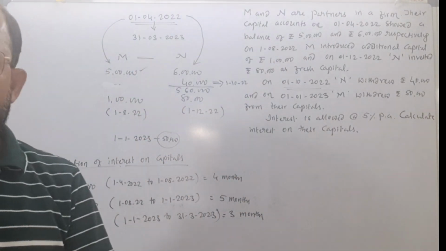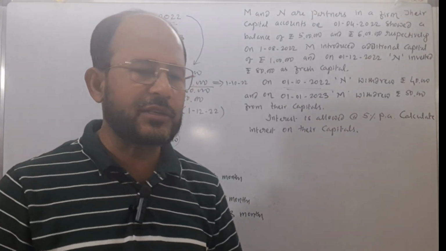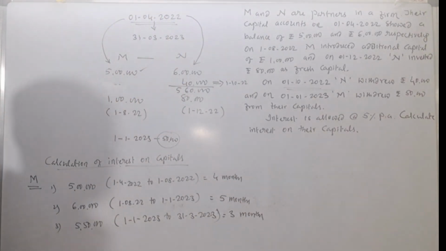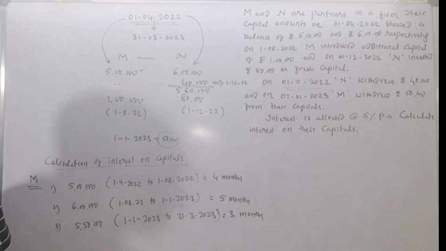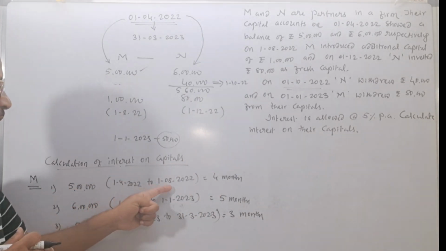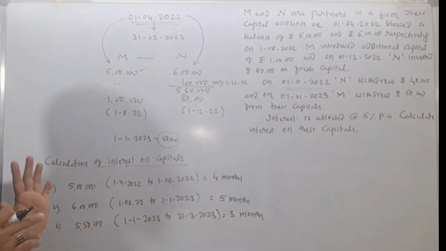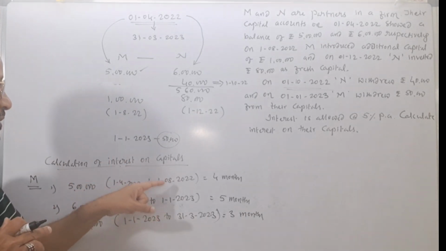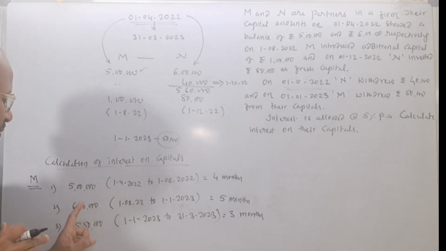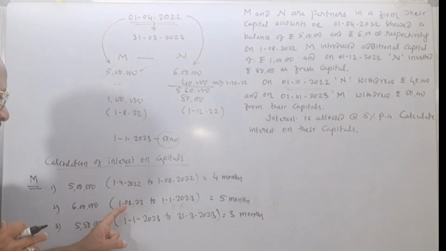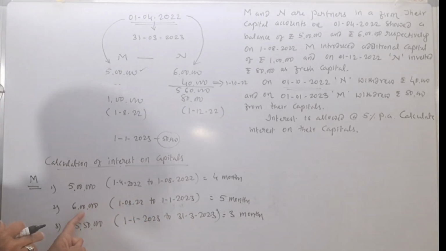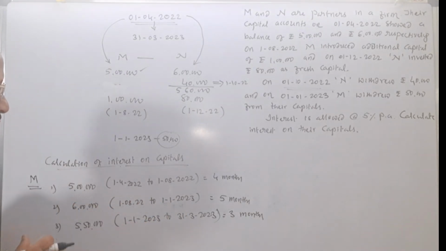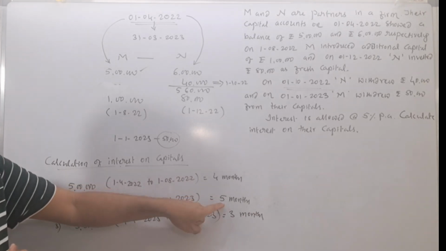See, if you calculate this period, then calculation of interest becomes very easy. First, try to understand here. Rupees 5 lakh was used in the business only for 4 months, because up to 1st August, only rupees 5 lakh was there. But on 1st August, he introduced additional capital of rupees 1 lakh. Because of that reason, from 1st August to 1st January 2023, rupees 6 lakh was there in the business. Therefore, this amount was used for 5 months.